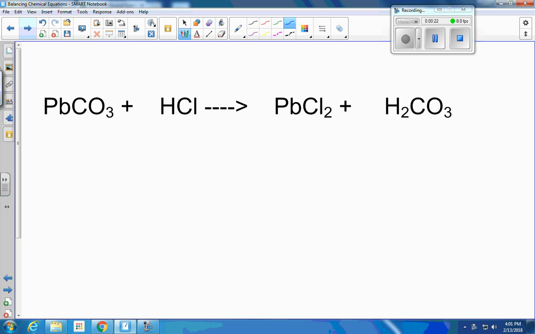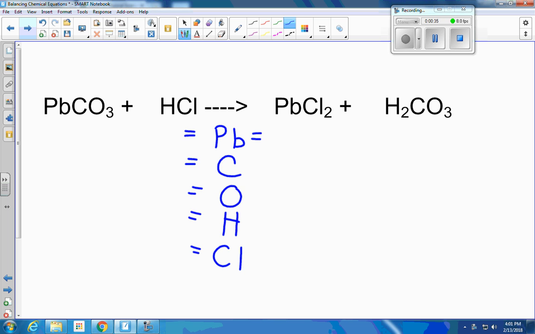If we take our elements here, lead, carbon, oxygen, hydrogen, and chlorine, we can do our element count of lead, carbon, 3 oxygen, 1 hydrogen, 1 chlorine.